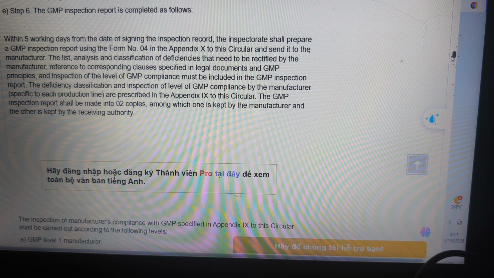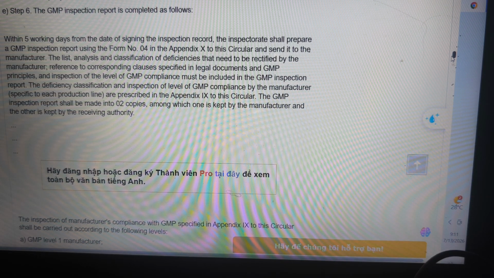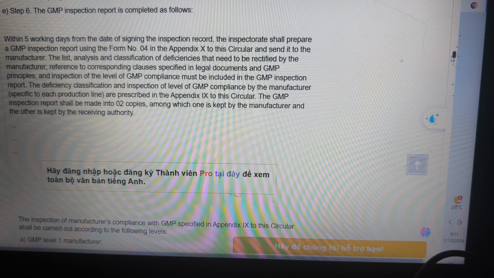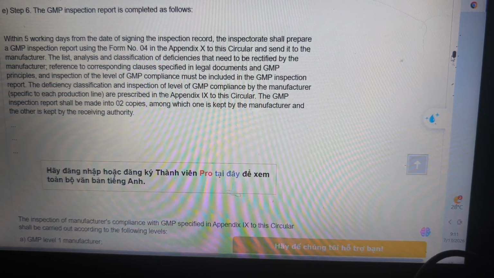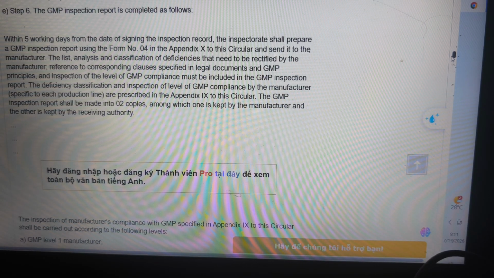The deficiencies classification and inspection of the level of the GMP compliance by the manufacturer specified to its production line are prescribed in Appendix 9 in this circular.